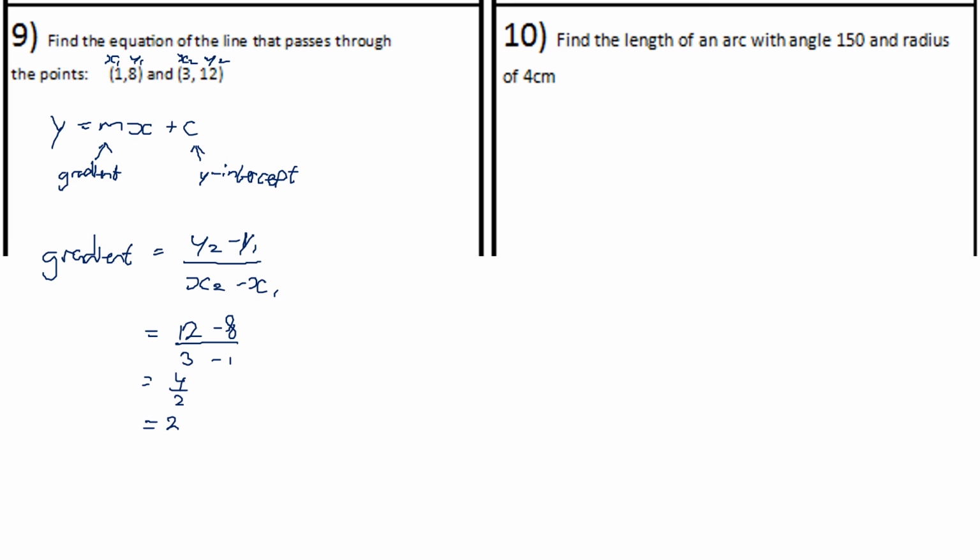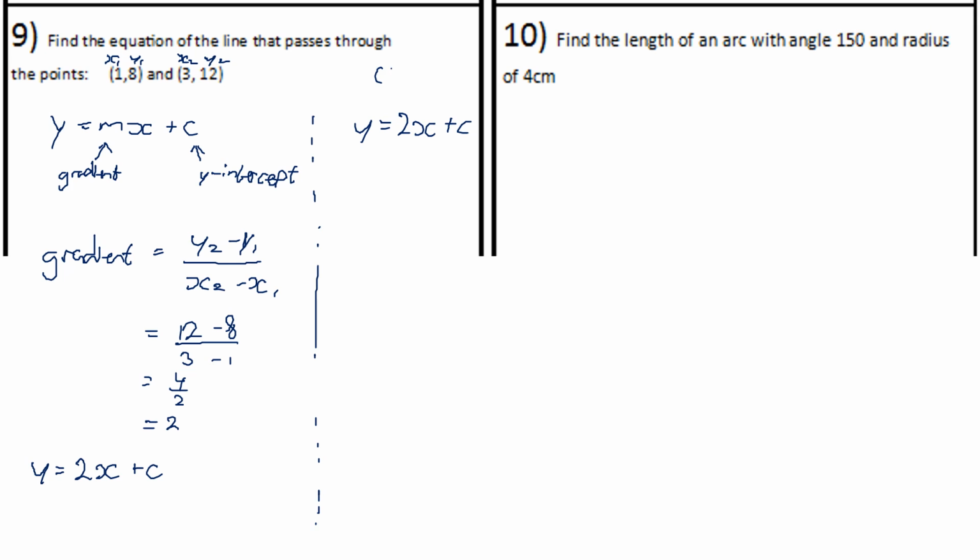So we've got y is equal to mx plus c, so 2x plus c. Now we need to figure out what our c is. I'm just going to work on this side of the page to give myself more space. We're going to use one of our coordinate points, substitute in our x and y values, and get a value for c.